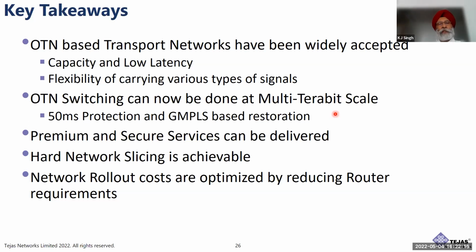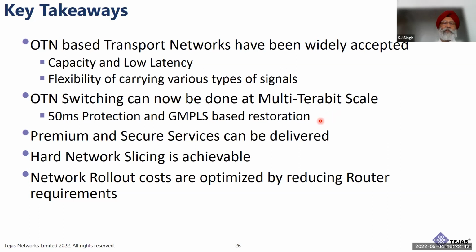It doesn't really matter, right? You can carry all of those signals in the appropriate size of the OTN container. And today we can do 50 millisecond protection switching at OTN. And we talked about the various GMPLS-based restoration schemes that are available once the primary and the backup path both have failed.